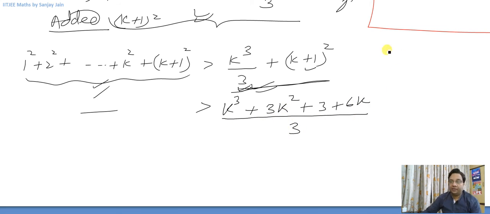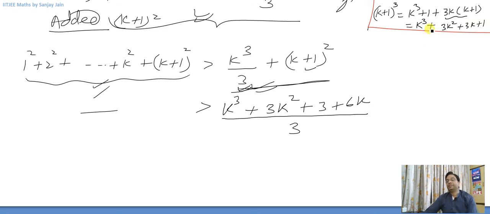Now you should also know that k plus 1 cubed is equal to k cubed plus 1 plus 3k into k plus 1, or in other words it is equal to k cubed plus 3k squared plus 3k plus 1, right?